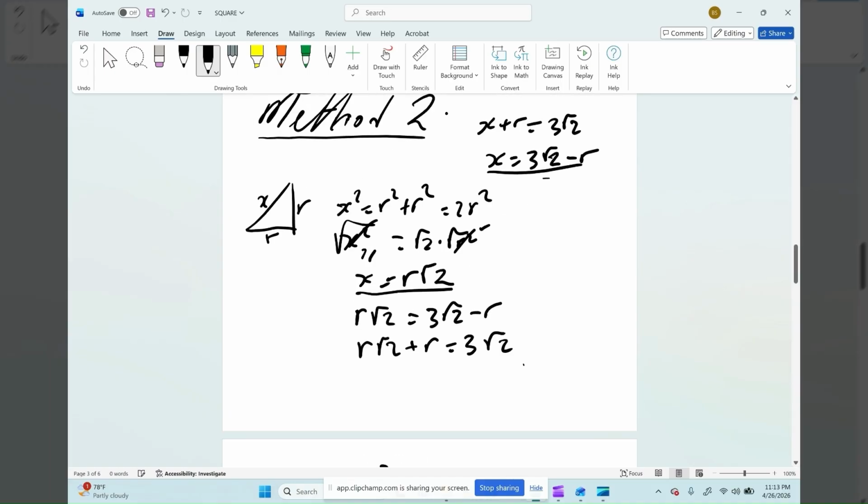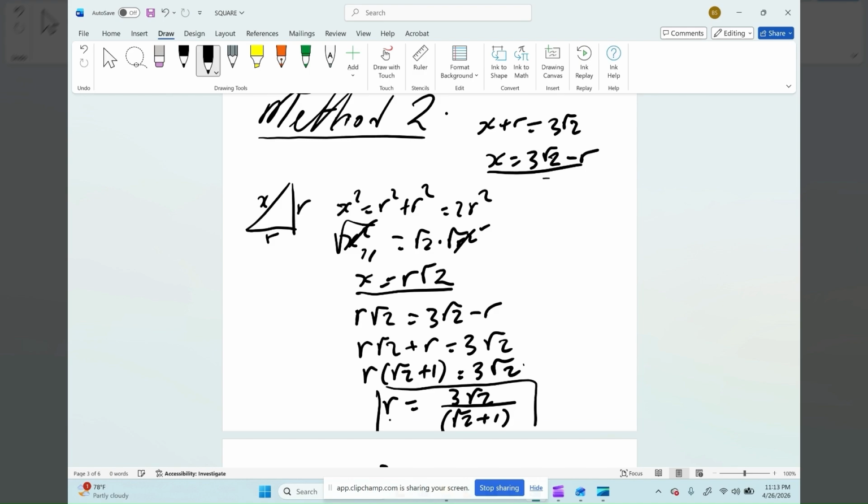And we can say that r outside of square root of 2 plus 1 is equal to 3 square root of 2. Therefore, r is equal to 3 square root of 2 over square root of 2 plus 1. This is the very same answer as in method number 1.